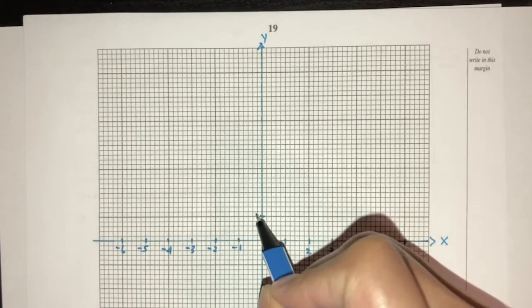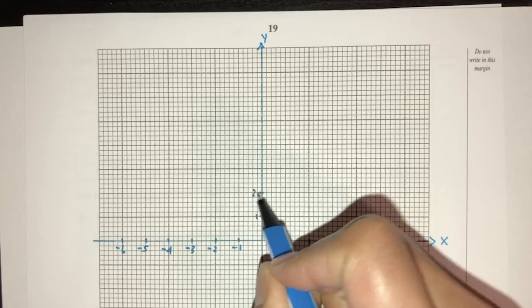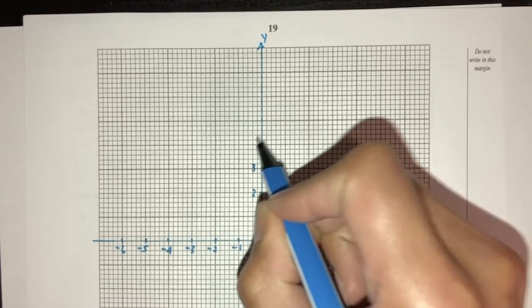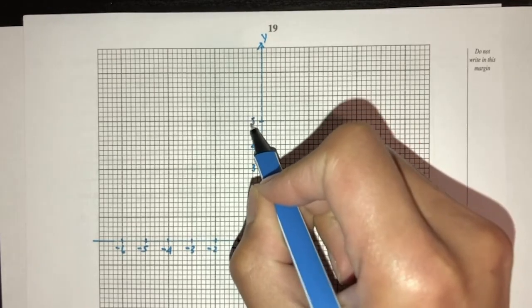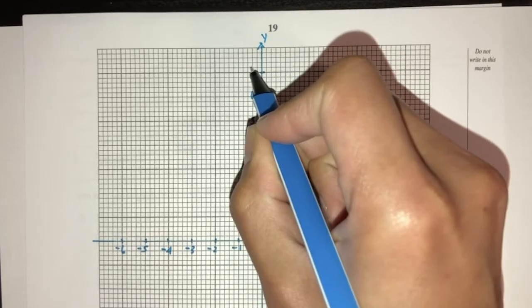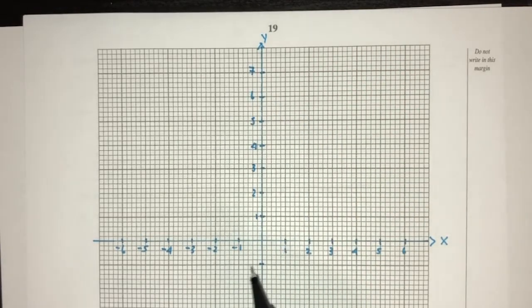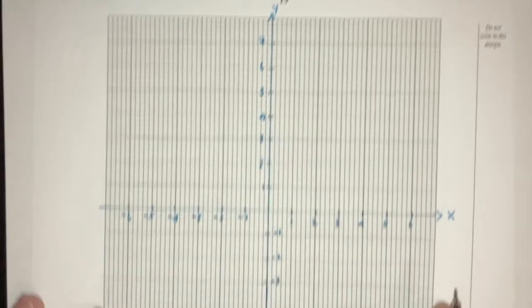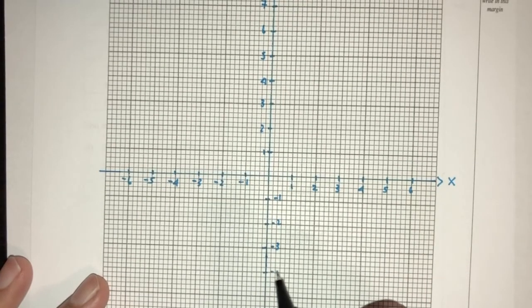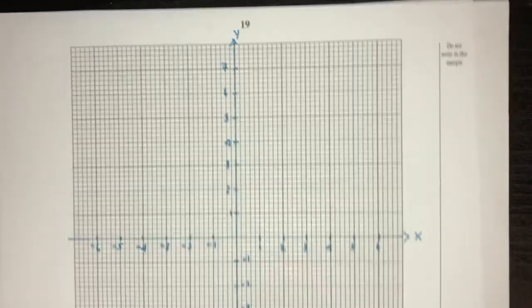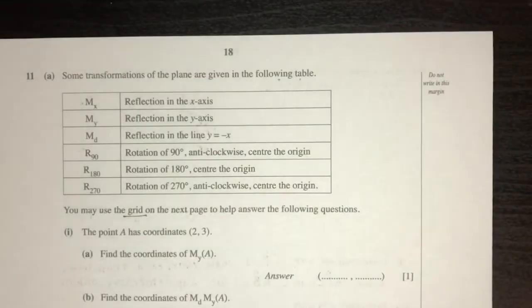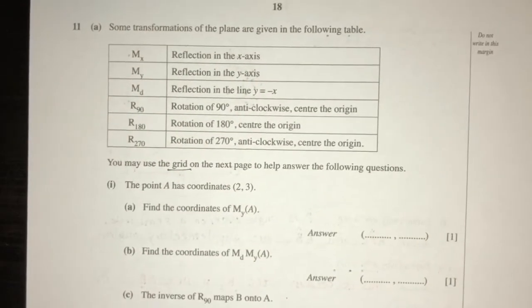Outside we have 1, 2, 3, 4, 5, 6, and 7. And at the bottom we have minus 1, minus 2, minus 3, minus 4, minus 5, minus 6, and minus 7. So always use a graph when you are given a graph. It helps you to answer your questions.